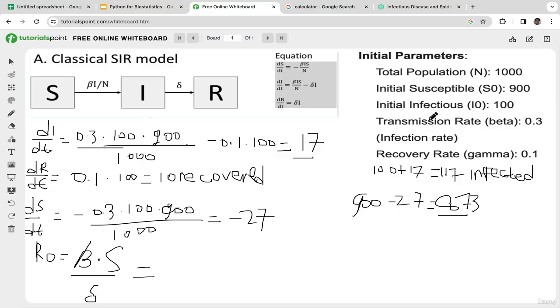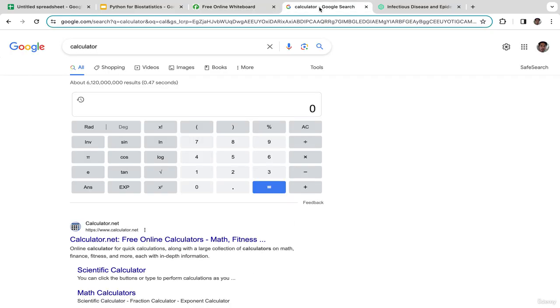Okay, so in this case, the beta is 0.3, that's the transmission rate, and you're going to multiply that by the initial susceptible, which is 900 in this case, and you're going to divide that by gamma, which is 0.1, right? So we're going to use a calculator again because I'm kind of lazy to do the calculations manually.